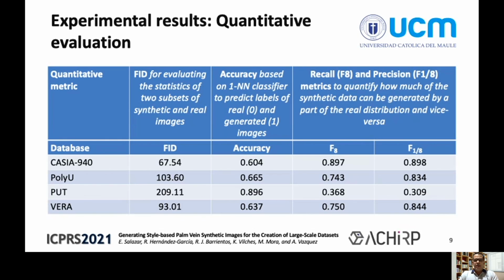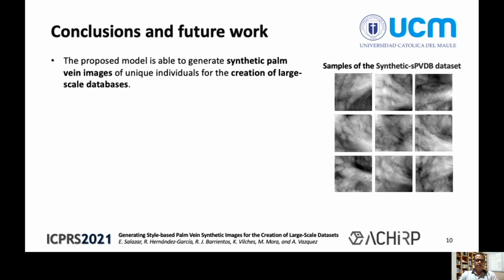However, in general terms, the experimental results show that the realism of the obtained palm vein images is acceptable compared to the reference datasets. Finally, we conclude that the proposed model is able to generate synthetic palm vein images of unique individuals for the creation of large-scale datasets.